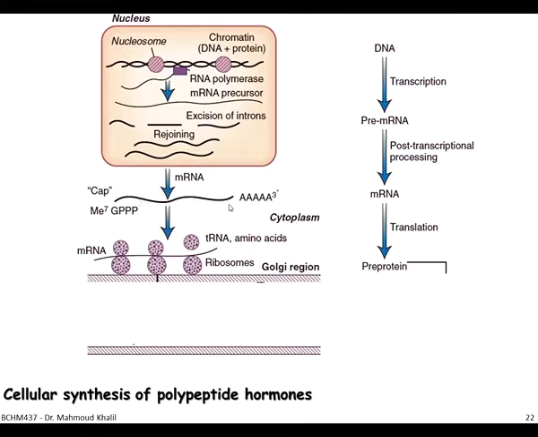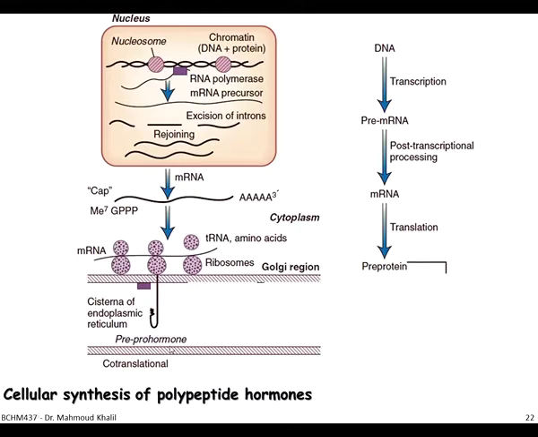Once inside the cytoplasm, this messenger RNA is recognized by the ribosomes attached on the endoplasmic reticulum, and together with the help of transfer RNA, which recruits the amino acids, it will start translating the protein. You can see that the protein is initially formed in the cisterna of the endoplasmic reticulum. The hormone, which is the polypeptide, is initially formed as a pre-pro hormone.